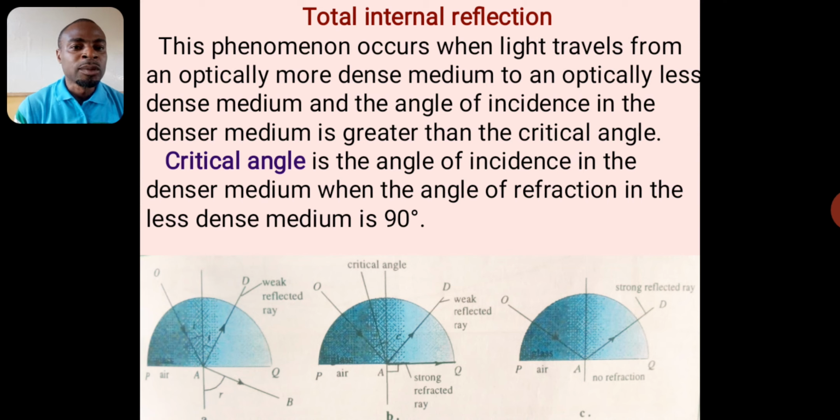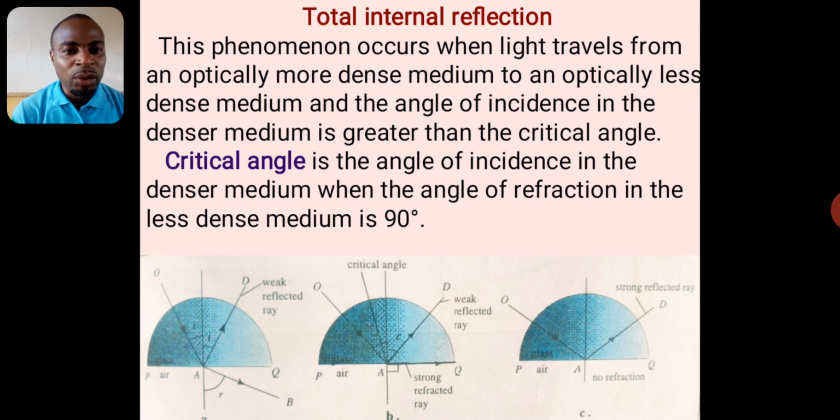We have increased the angle of incidence OA, and the refracted ray now continues to move away from the normal to the point that it is lying parallel to the plane surface. You can see we have a strong refracted ray there, but there is also a weak reflected ray inside the prism.